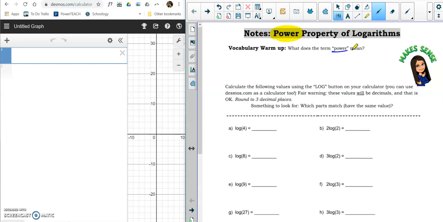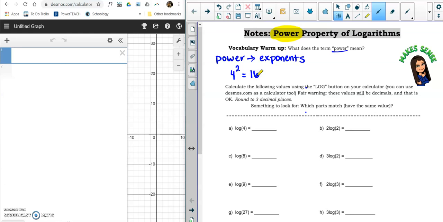Okay, you know, it's strong, right? Power. So in mathematics, when we talk about having a power, that's actually another word for an exponent, okay? Because exponents are powerful. That means that they affect a number very significantly, even when they're small. So, for example, if you take some number like 4 and you square it, that equals 16.